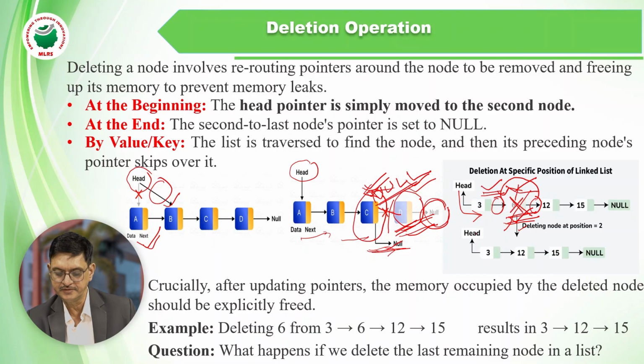In such fashion, we can delete any node at a specific position, or any required node if available in the linked list. For example, previously we had 3, 6, 12, 15 in this condition, and whenever you delete the node 6, automatically the list contains 3, 12, 15. Only the node 6 will be logically deleted.